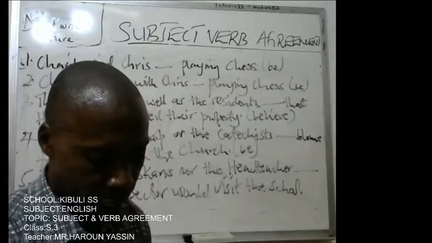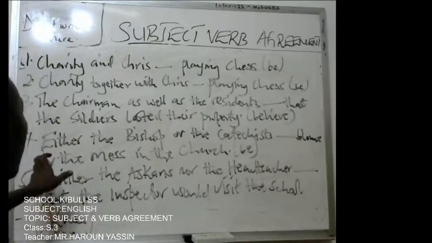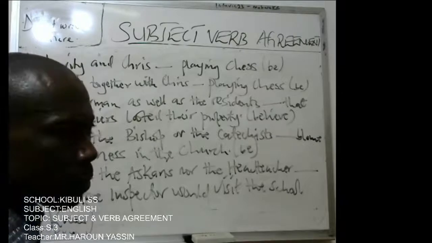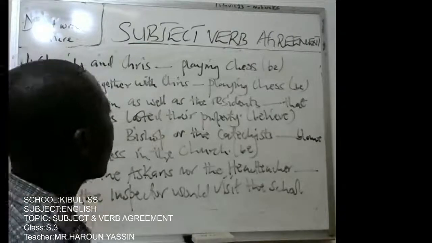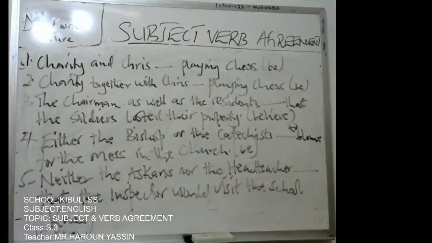So these are the 5 numbers. I would have given more, but I think this can serve the purpose. Five numbers can take you through. Fourth sentence: either the bishop or the catechist, we have a 2 there for the mess in the church.